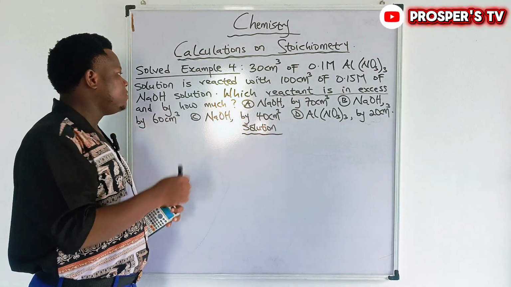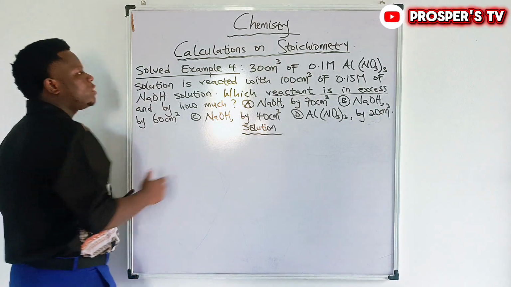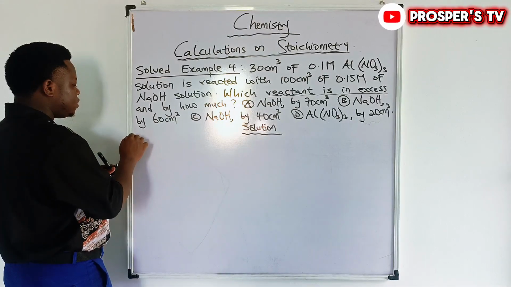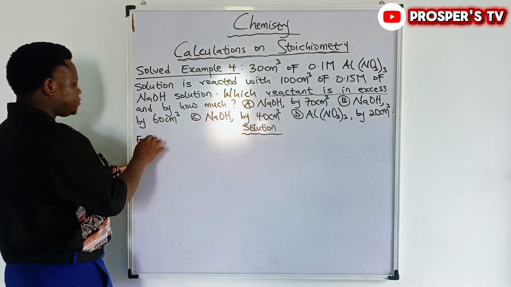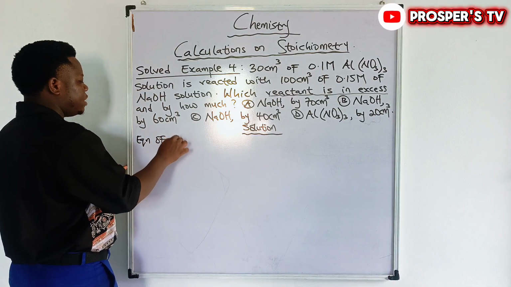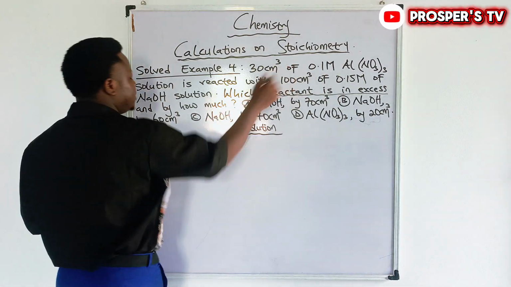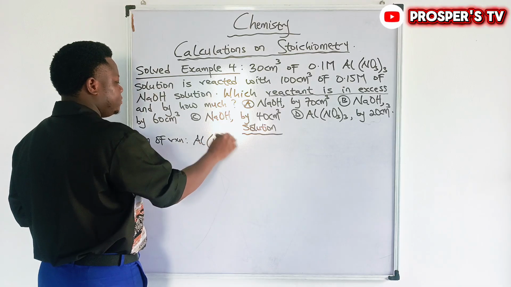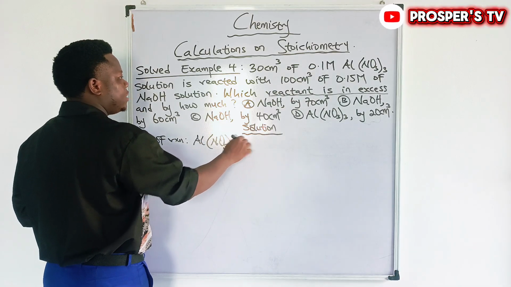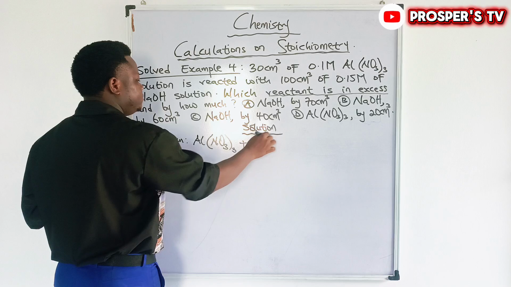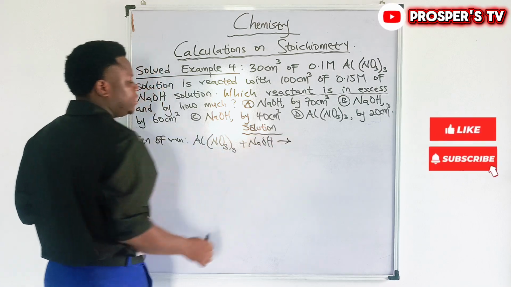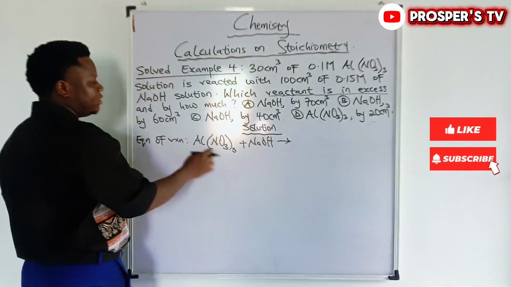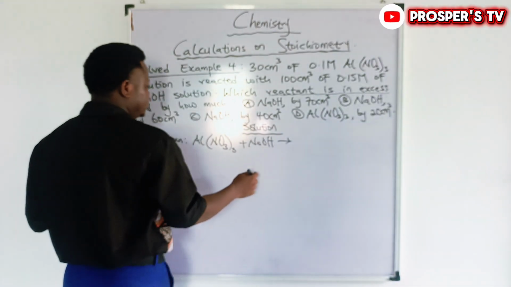All right. So if we are looking for a reactant that is in excess, the first thing for you to do is to write your equation for reaction. So we have what's reacting: aluminum nitrate reacting with sodium hydroxide. This is actually a displacement reaction where sodium displaces aluminum and aluminum takes the place of sodium.